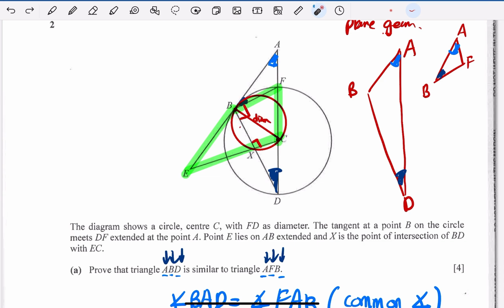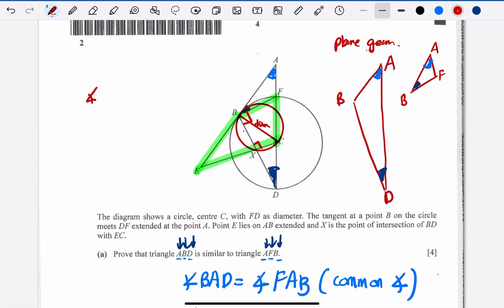So let me draw back that circle. We can tell them that angle FBD equals 90 degrees because of right angle in a semicircle, in which this is the bigger circle. So we write here bigger circle.